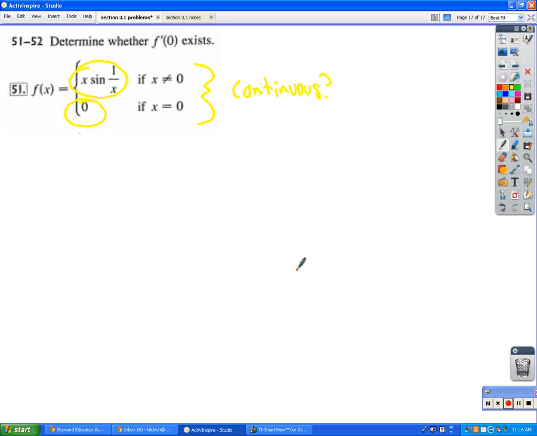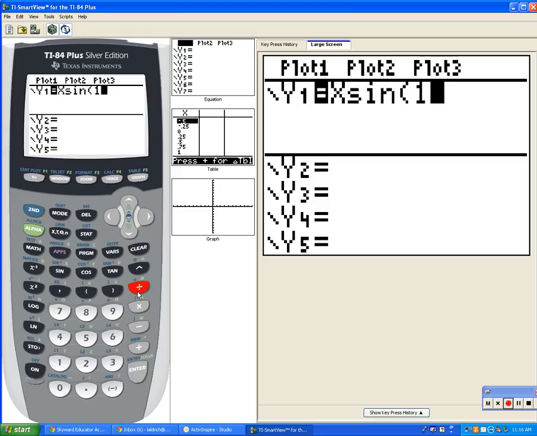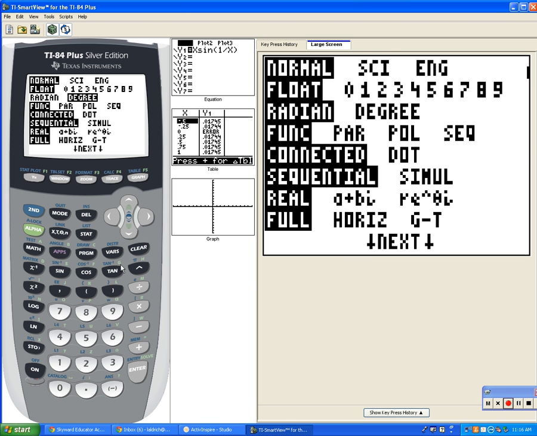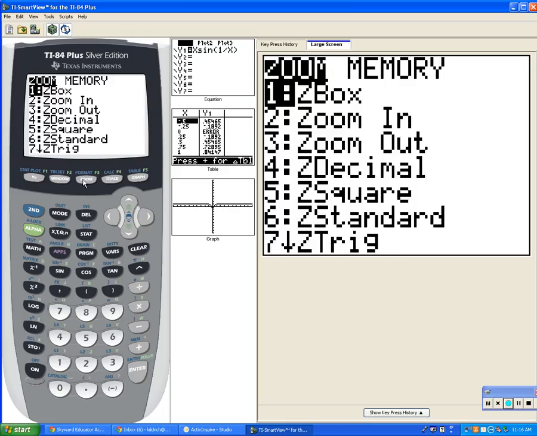So if you look at the graph of x times the sine of 1 over x, there is an infinitely small little hole there. What is the value? What does it want to equal there?